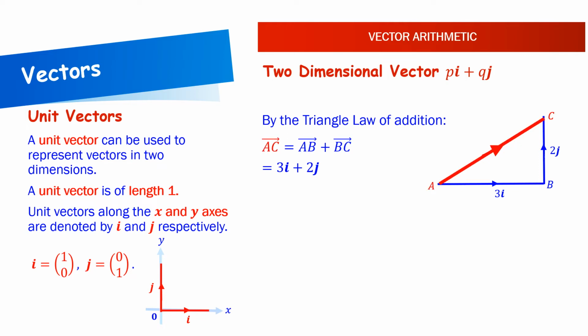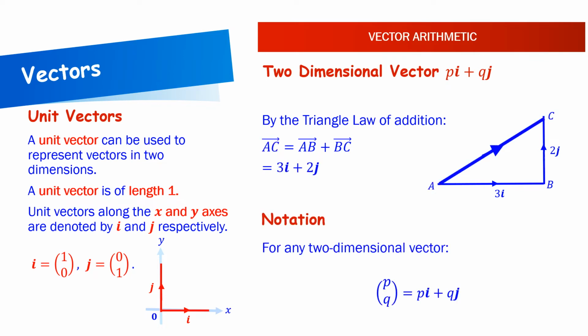So here's AC, here's AB, which is 3i, and BC, which is 2j. Now in notation, for any two-dimensional vector (p, q), we have that (p, q) equals pi plus qj.